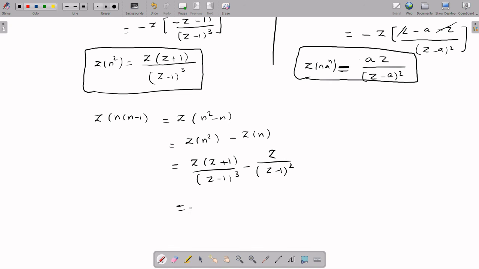So here what is the LCM? Z minus 1 the whole cube is our LCM.